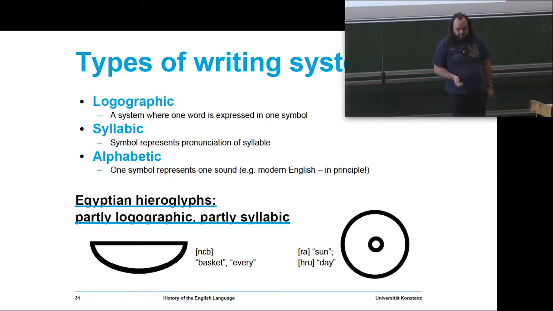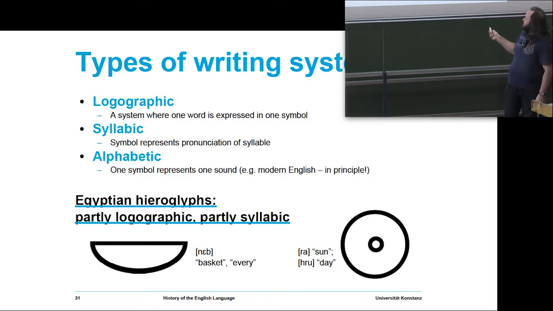The earliest writing systems, the Egyptian hieroglyphs, for instance, these are some of the more boring ones. Most of the time when people talk about hieroglyphs, they talk about a cat or a bird or someone doing this or something like that. These are boring ones. The basket and the sun.